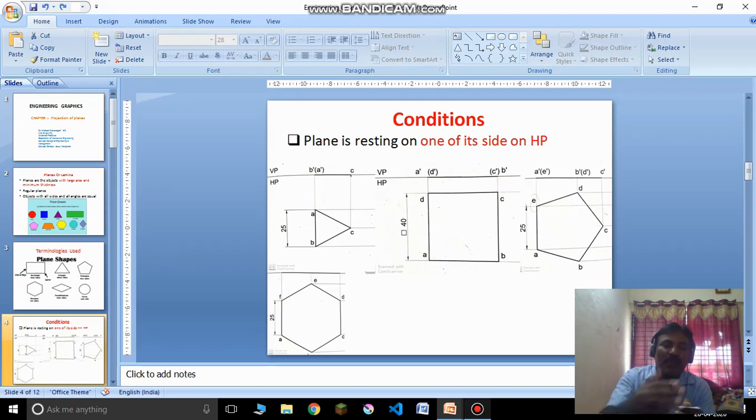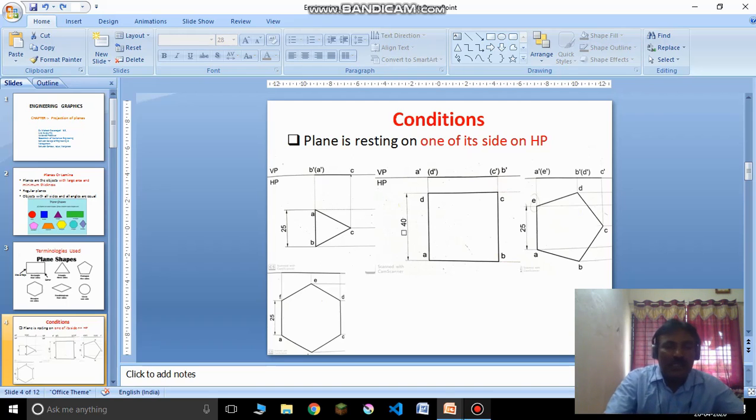That means if I have a vertical plane here and this is a horizontal plane, I have to keep this object parallel to HP, on HP, and the side on which I want to rest must be perpendicular to VP, or you can say perpendicular to the XY line. So I have to keep the object like this. All of you can see this.